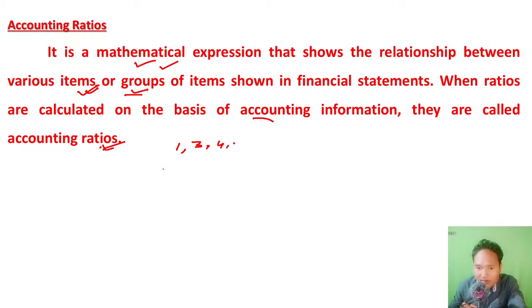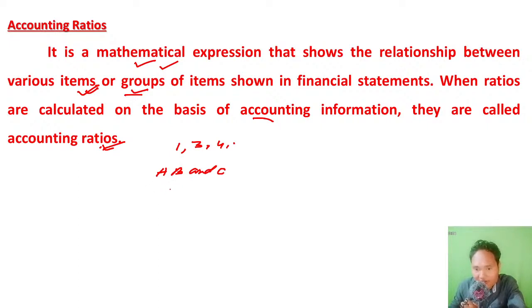For example, A, B and C are three partners. They have opened a partnership firm and they have contributed capital for their partnership firm.